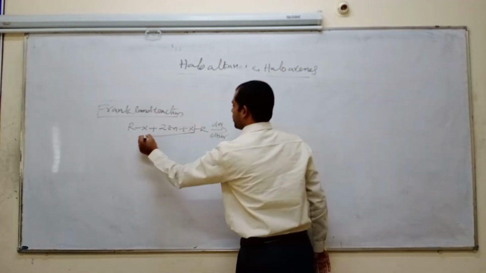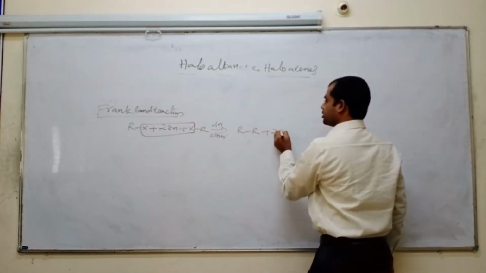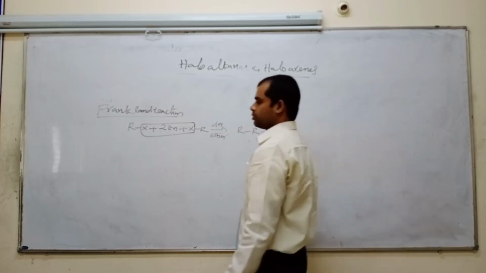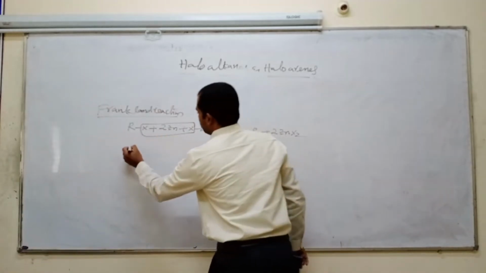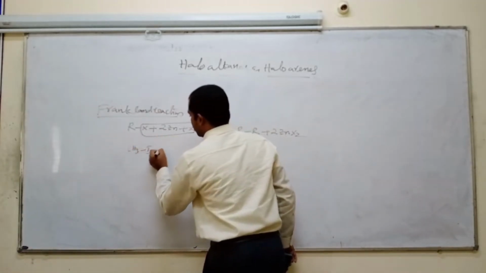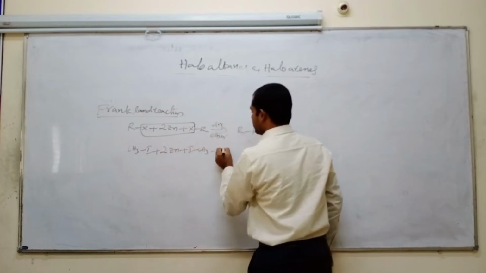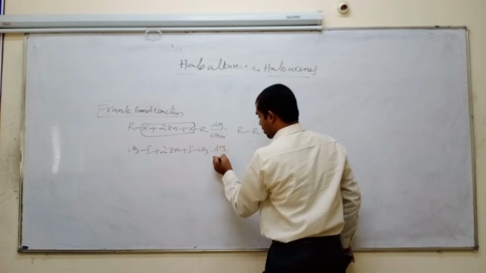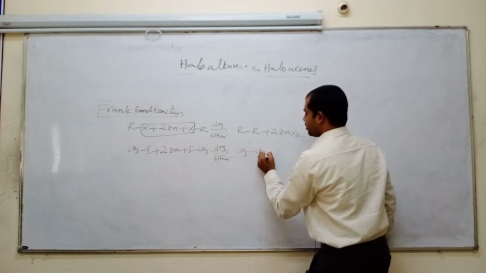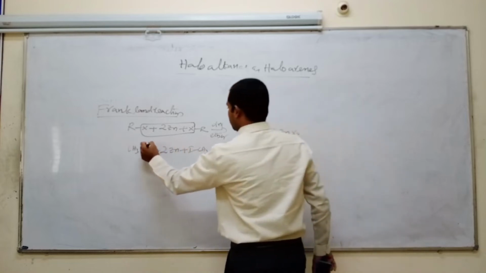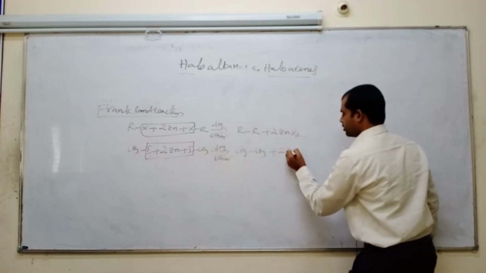So here the alkane can be obtained, along with ZnX2. For example, if we take methyl iodide as the alkyl halide and react it with zinc in the presence of dry ether, we get the alkane, methane, plus zinc iodide comes out.